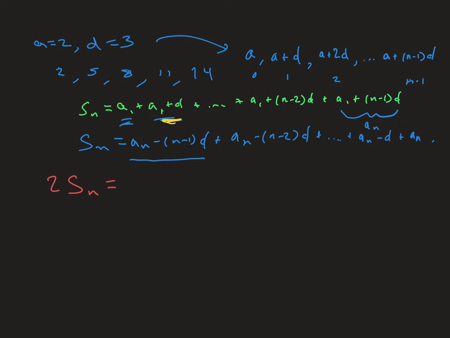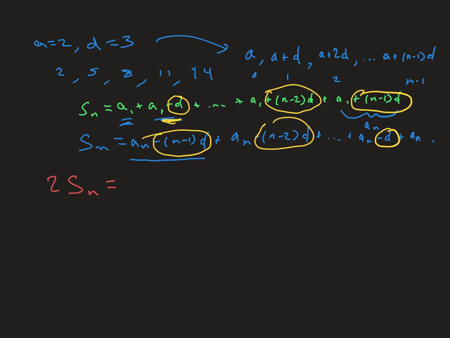So for instance, this plus d right here is going to cancel with this minus d when we add. This plus n minus 1 times d is going to cancel with this minus n minus 1 times d, and everything in between. And we're just going to be left with, well, in the top, a bunch of a sub 1s, and in the bottom, a bunch of a sub n's.